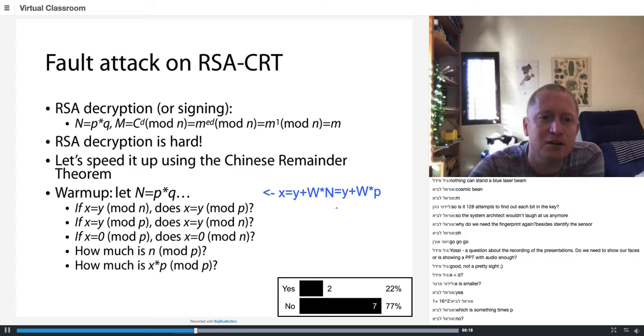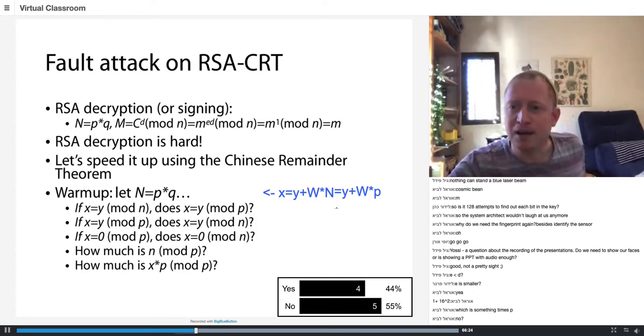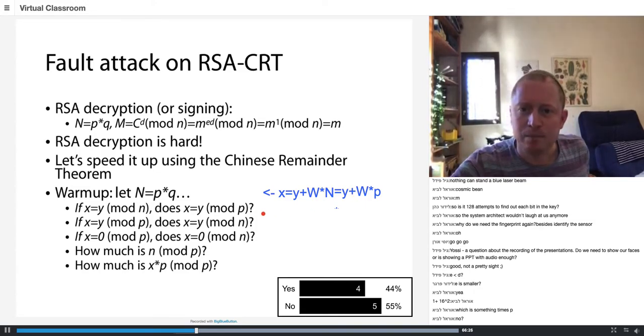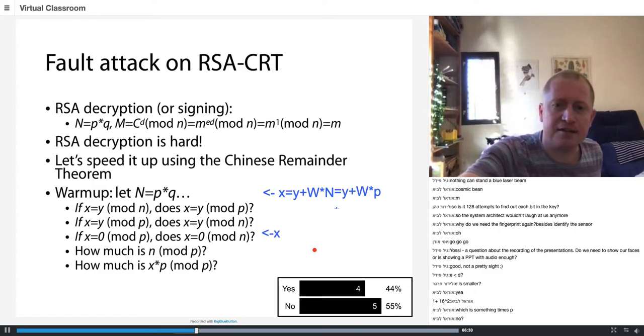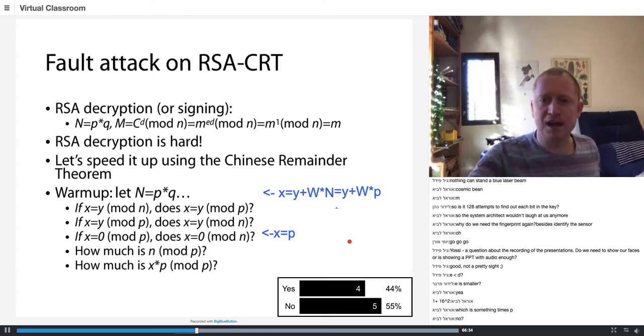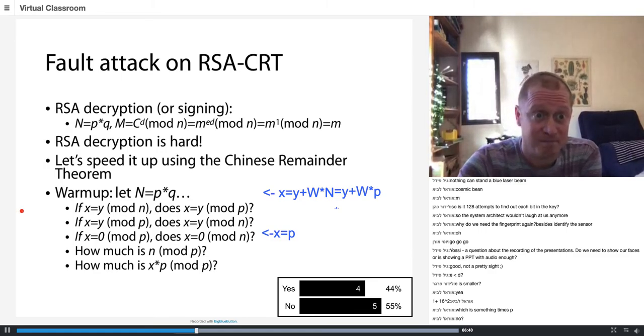Well, the correct answer in this case is no. Here is an example. What if X is equal to P? Look at this. If X is equal to P, then what is X modulo P? It's 0, right? Because P modulo P is 0.